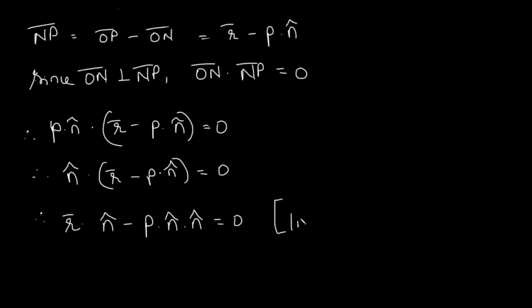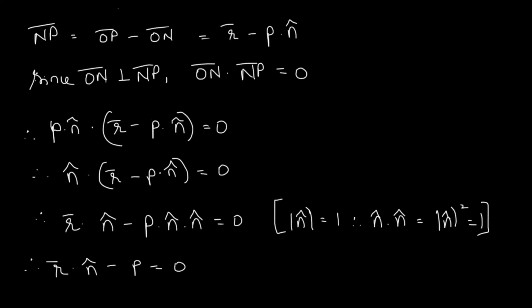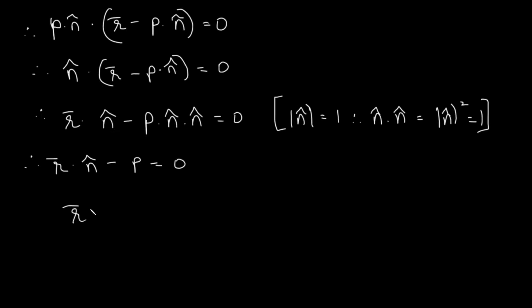We have mod n cap is equal to 1, and therefore n cap dot n cap, which is mod n cap square, is also 1. So in this way this value becomes 1, and therefore we have R dot n cap minus p is equal to 0, or we can write it as R dot n cap is equal to p. Thus we get this particular equation. This is known as the normal form of the vector equation of a plane.